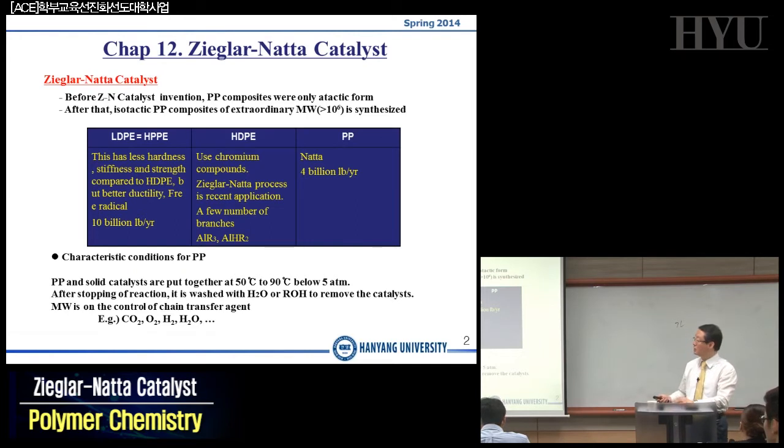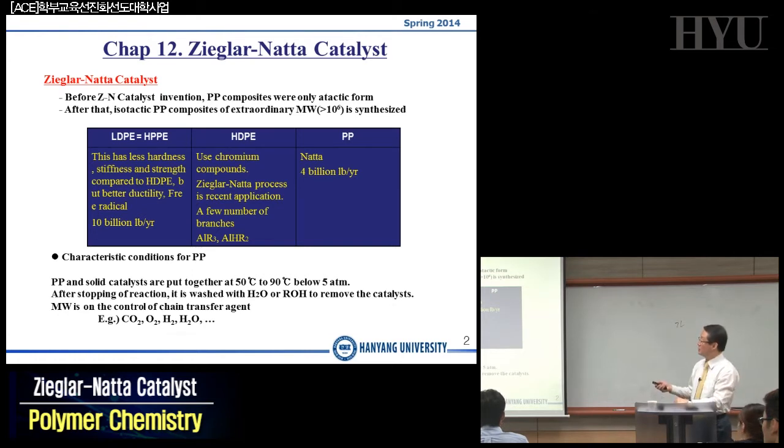So Ziegler and Natta and others developed a system where they could reduce the pressure of the reaction. If they use a catalyst, they could reduce the pressure from 100 bar to maybe less than 10 bar.